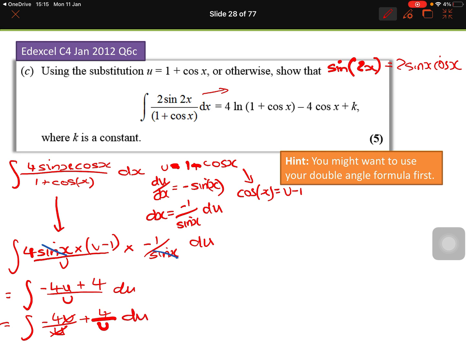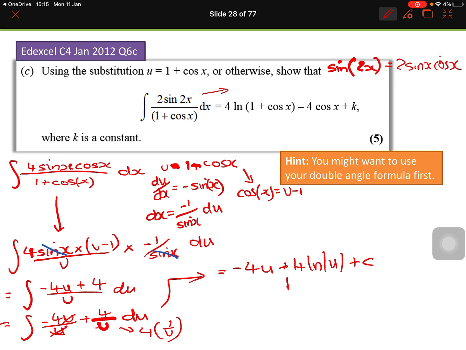I can then integrate that with respect to u, so it'll end up being minus 4u, then 4 over u is 4 lots of 1 over u. So this will end up becoming plus 4 log natural u plus c.